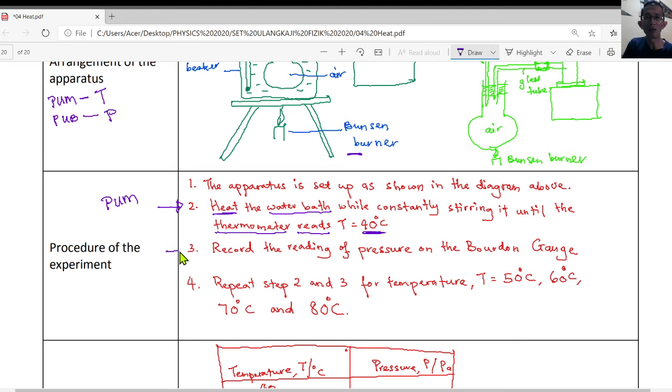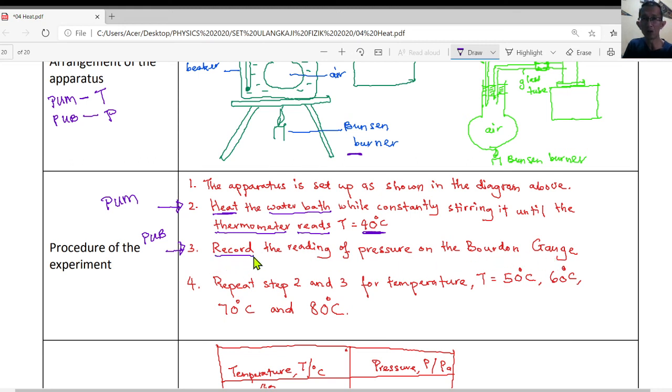And then the third procedure is how you measure your responding variable. Our responding variable here is the pressure being read on the Bourdon gauge. So for step 3, I simply record the reading of pressure on the Bourdon gauge.